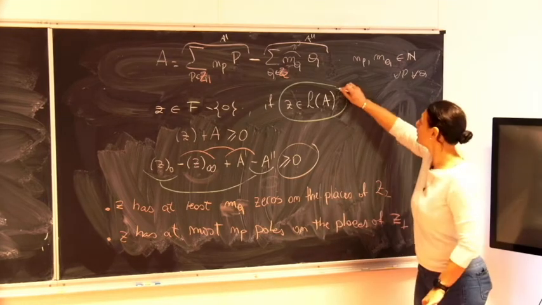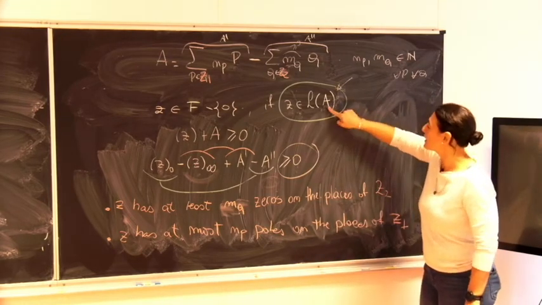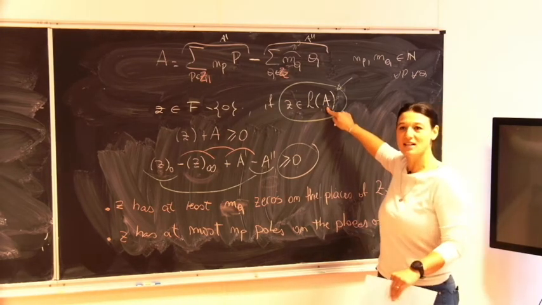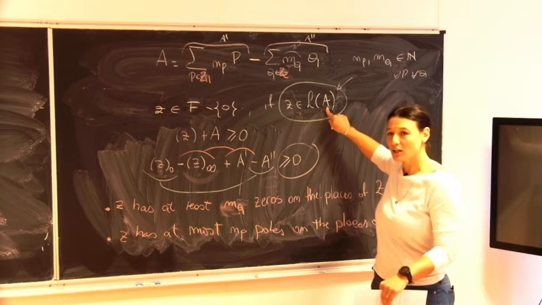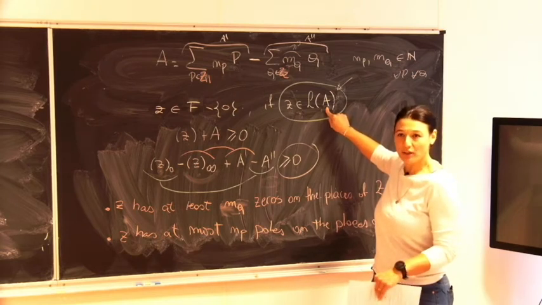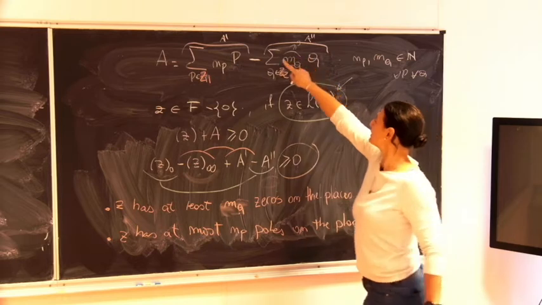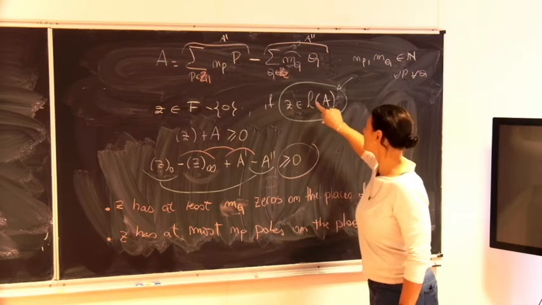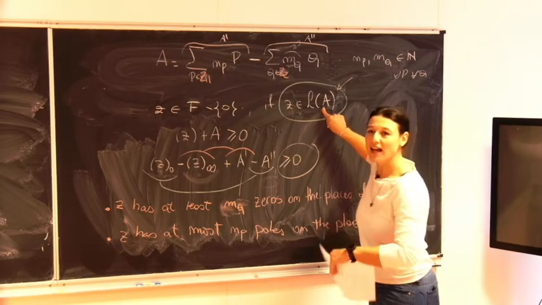When I choose a divisor A, what I'm saying is in which places I'm going to allow poles, and if I want to have some zeros, then I'm going to put a negative part in this divisor just to be sure that the elements there have at least that amount of zeros.